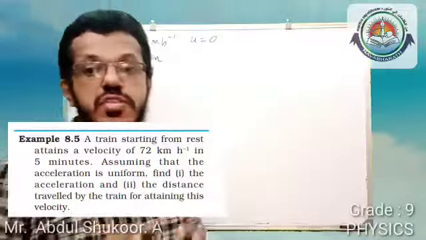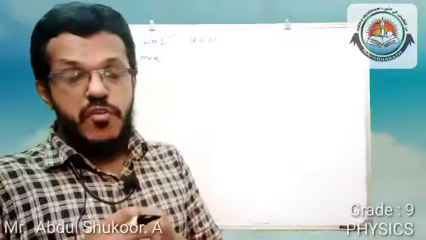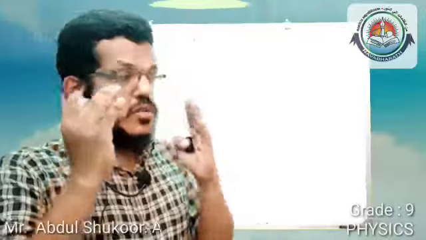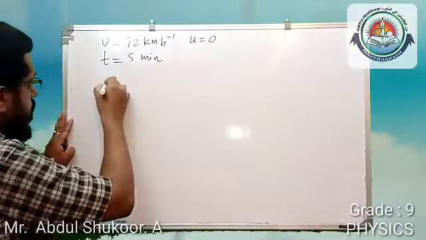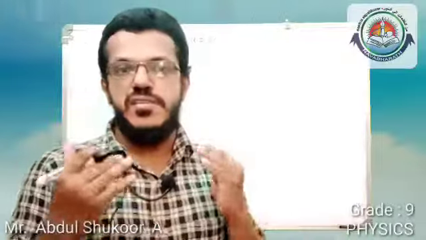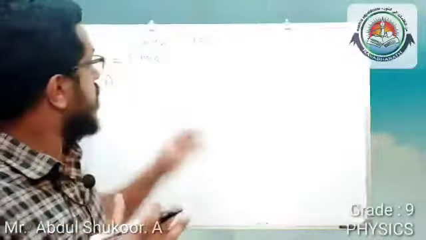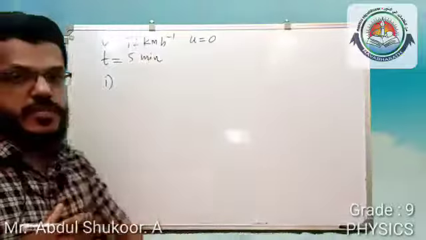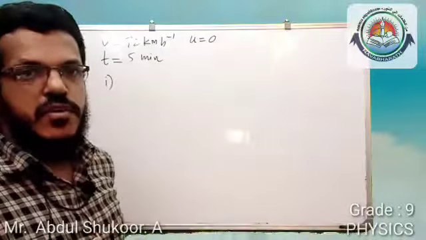These are the values given in this question. First we want to find the acceleration. Second, we want to find the distance traveled by this train to attain this velocity. How can we find out?